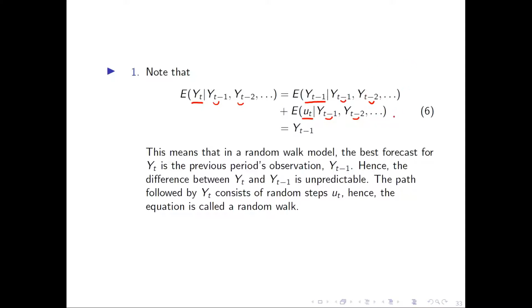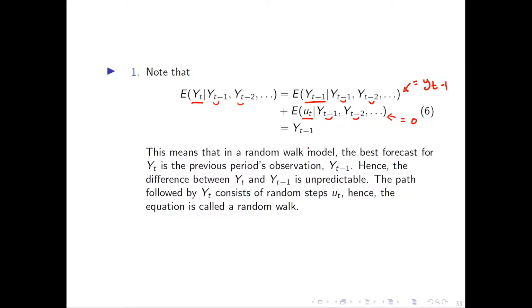And so this is equal to 0, and this is equal to yt minus 1, because the expectation of the stock price today, given information about the stock price yesterday and the day before that and so on, is the price of the stock yesterday, right?